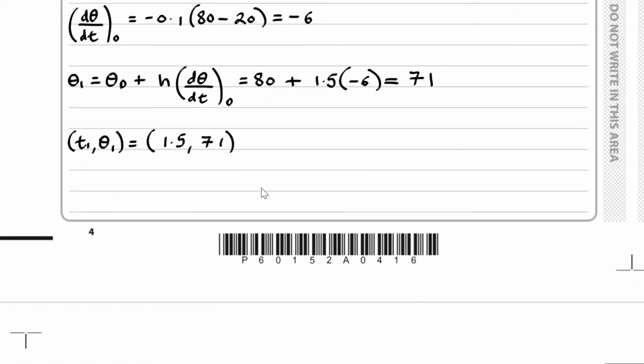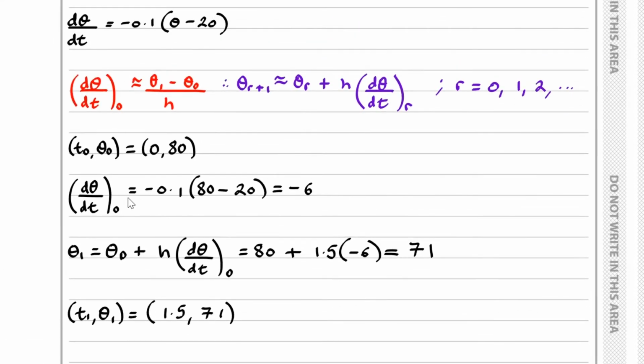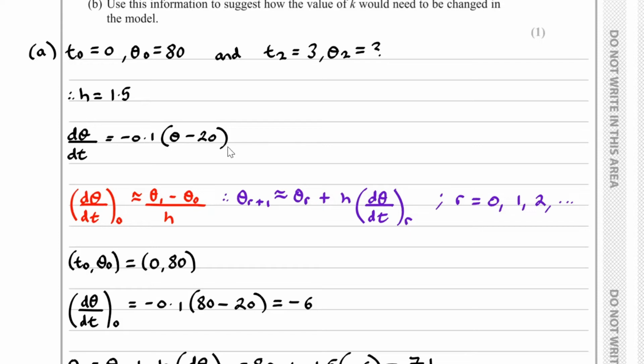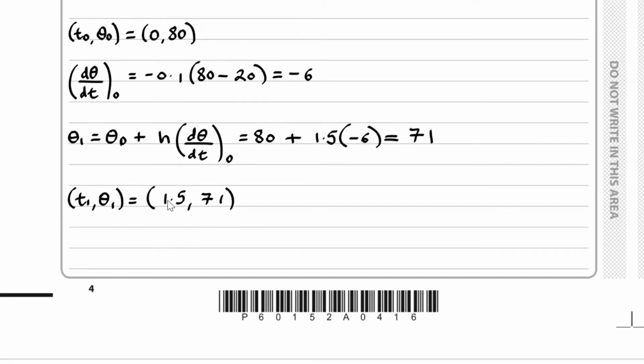And with this now, we can find out what d theta over dt 1 is in the exact same way we did before, substituting into this equation. So we have d theta over dt 1 is equal to minus 0.1 lots of 71 minus 20, and working this out we get minus 5.1.